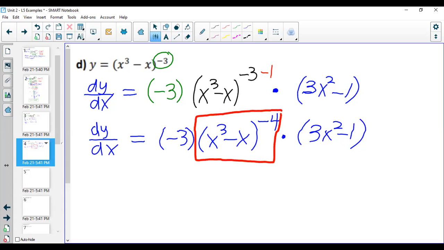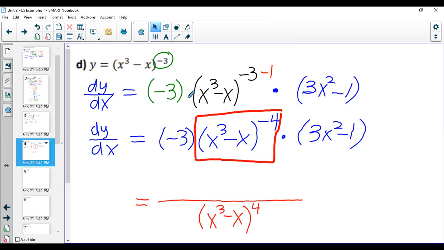Because it has a power of negative 4, I want to flip that to the denominator. So I'm going to have x cubed minus x to the power of positive 4. Always remember, when you're moving something to the denominator, you need to change it to the power of positive 4.